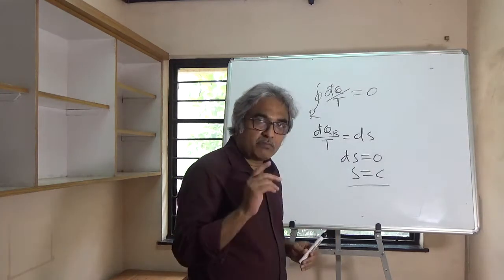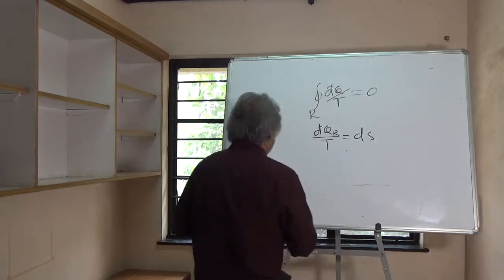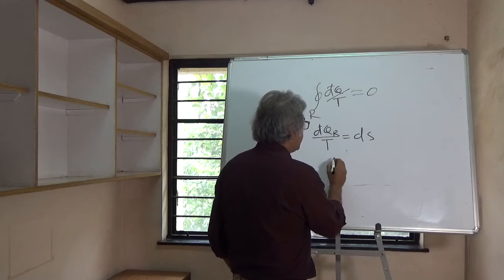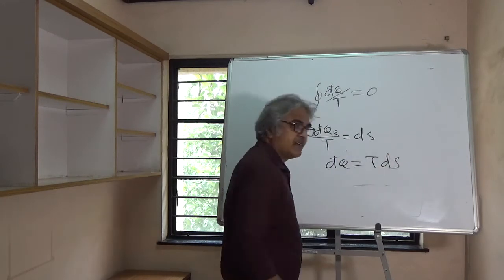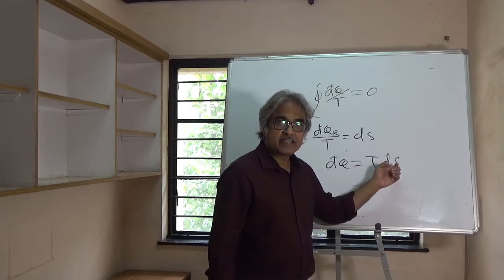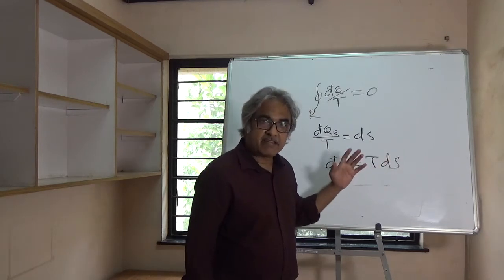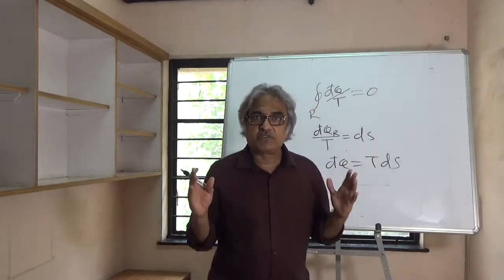Okay, just also look at this. If we just take T on this side, I can write dQ as TdS. So this product of T and dS gives you heat transfer. Now we are familiar with the chart, which is pressure volume chart, right?